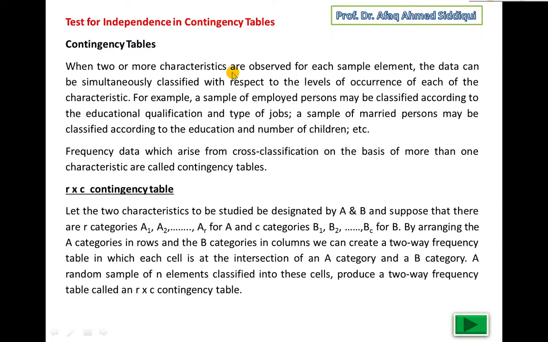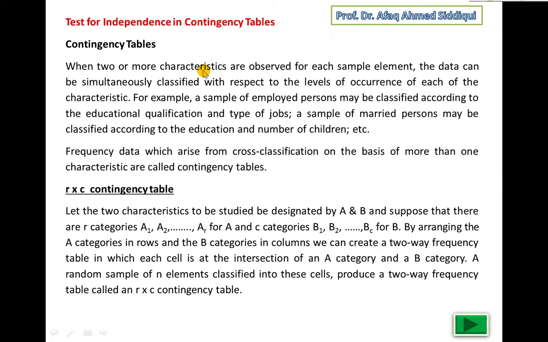in the form of a table, which is called a contingency table or two-way frequency table. So what is the main difference if we represent two characteristics in cross classification? Cross classification means in rows and columns. Why?